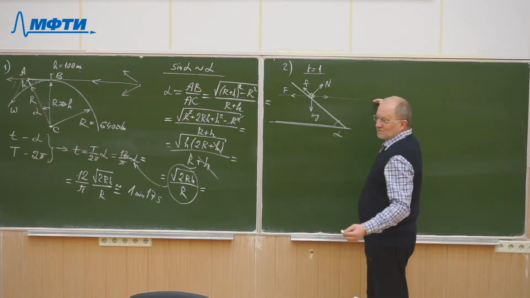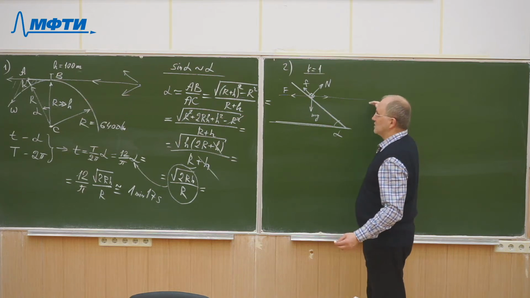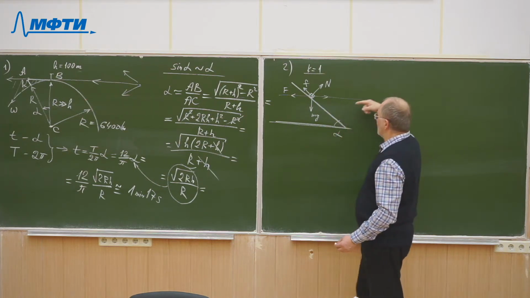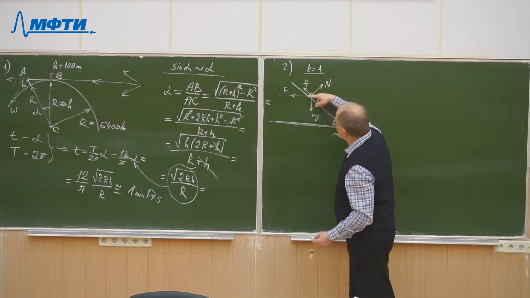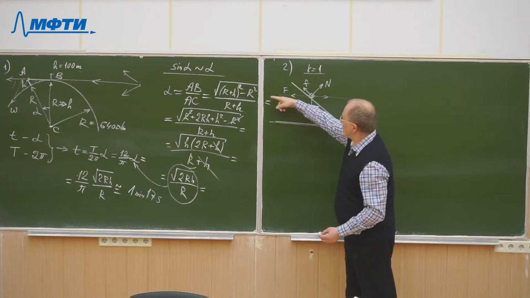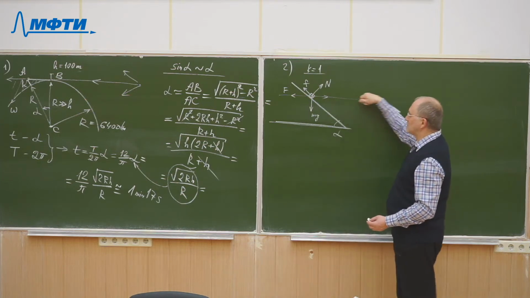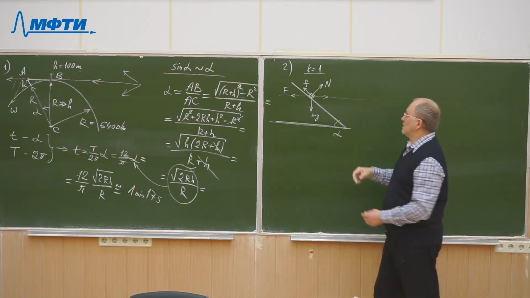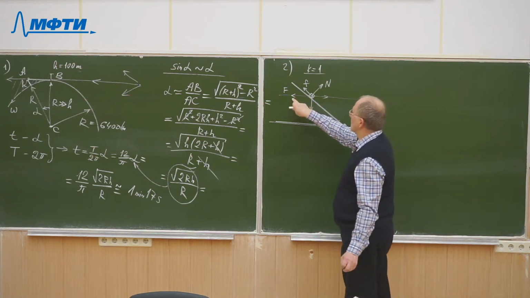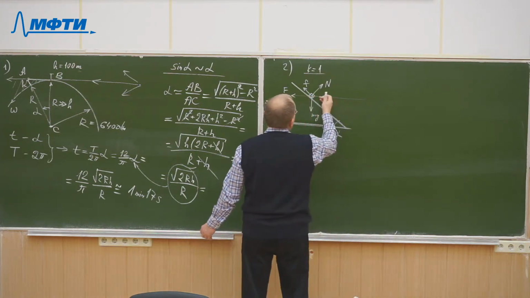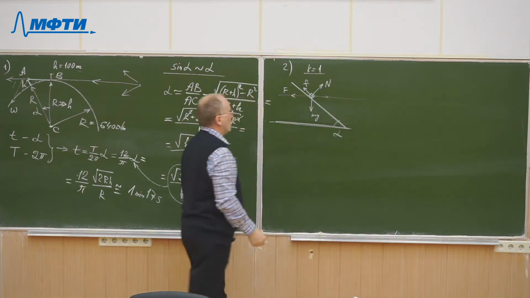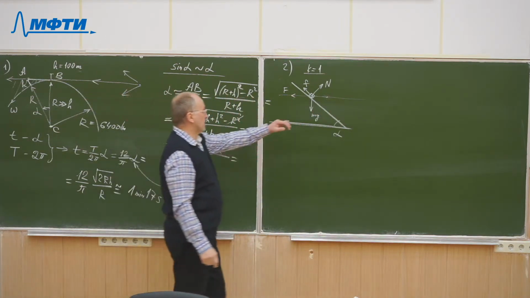So the problem does not specify the direction of this force. We can either press with our force against the slope in this direction, or we can pull by the thread in this direction. So if the force is directed here, let it be positive. If the force is directed here, it will be negative.